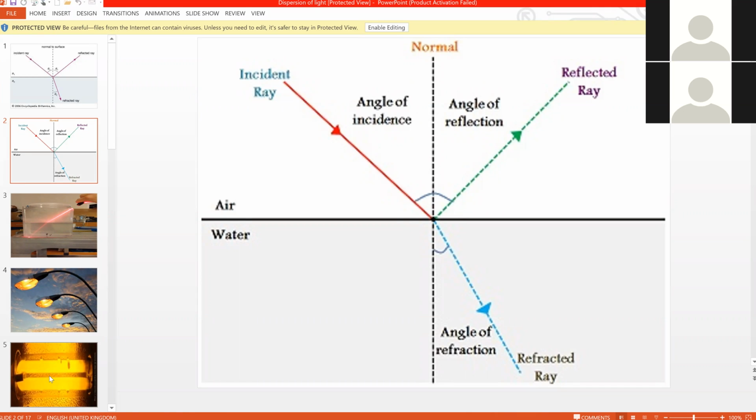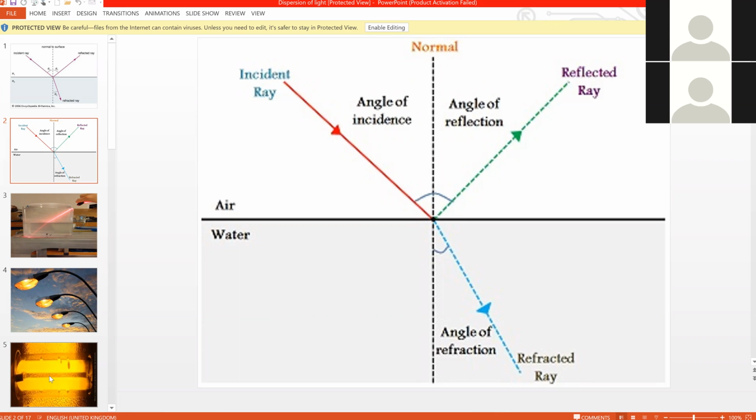But when the same light ray travels from air to glass, or from air to water, or from air to oil, when it changes from one medium to another, this light ray gets bent.